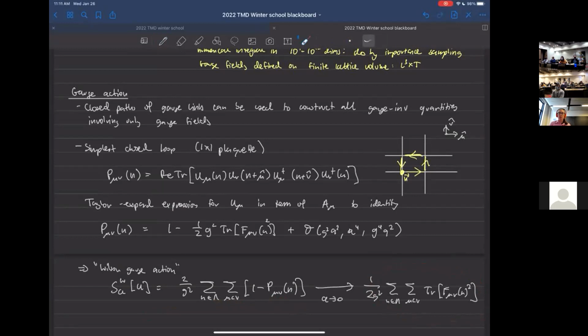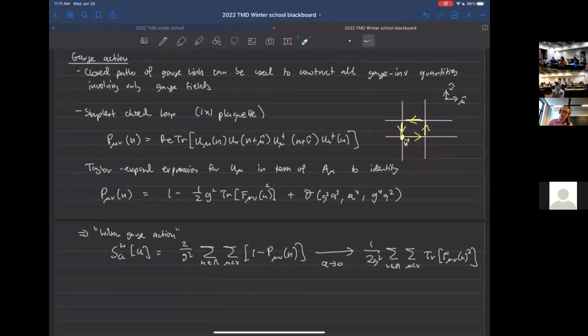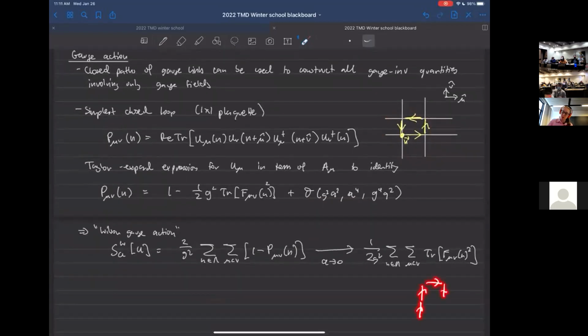Okay, so just like with the fermions that we didn't go into in too much detail, the same is true here for the gauge action, that you can improve this gauge action. So you can remove some of the leading discretization errors here by adding additional things to it. For example, you can build not just these 1x1 plaquettes, but say rectangle shaped gauge links. And you can Taylor expand this rectangle shaped gauge link, see what expression you get, and include it with a coefficient that exactly cancels out the leading discretization errors here, for example.